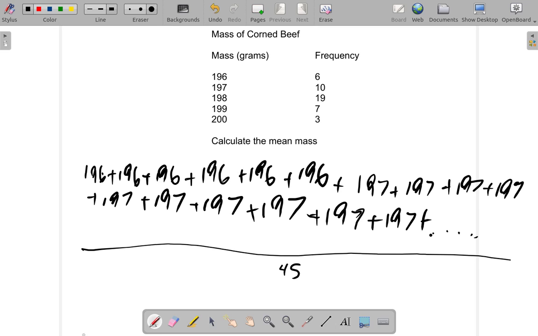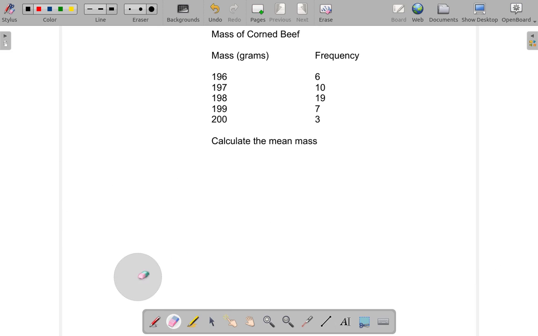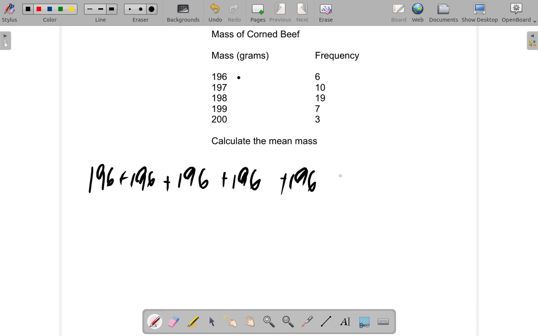So, therefore, a shorter, quicker way of doing this is to say you have 196 6 times. There are 6 of them. So instead of saying 196 plus 196 plus 196 plus 196 plus 196 plus 196, you just say 196 multiplied by 6 and you get the same thing.